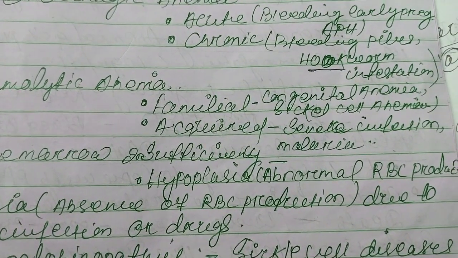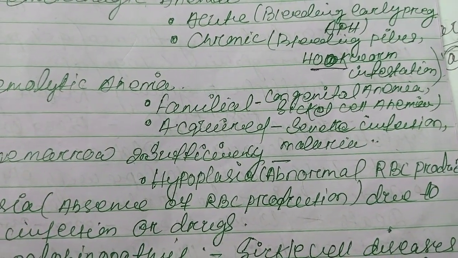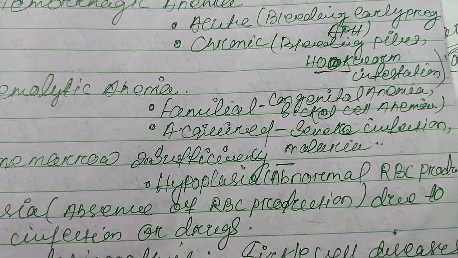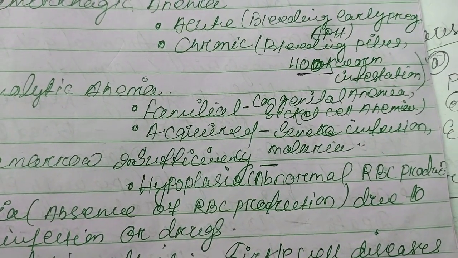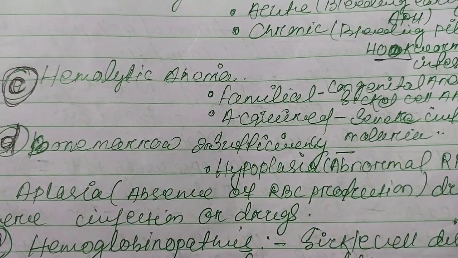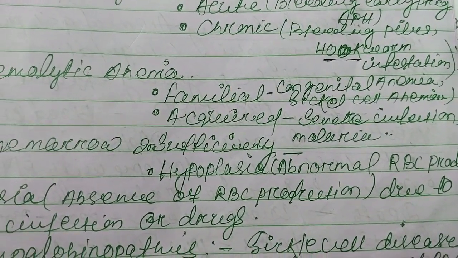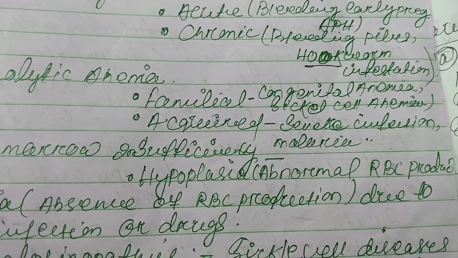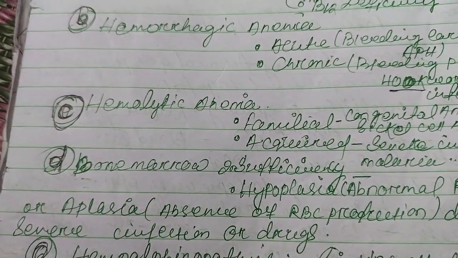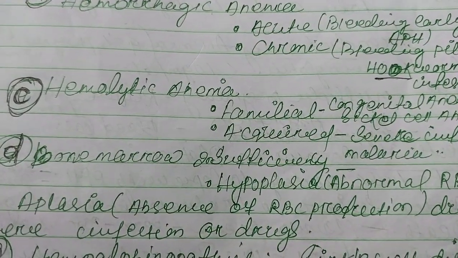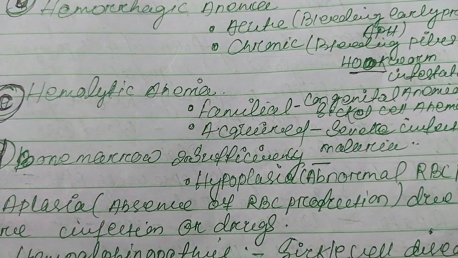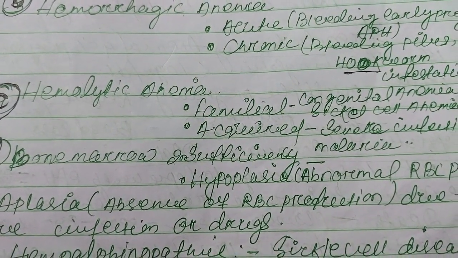We know RBC is produced from the bone marrow, so if any problem happens with the bone marrow, hypoplasia will occur. Aplasia means absence of RBC production due to insufficiency or severe infection in the bone marrow. Two conditions will occur: hypoplasia and aplasia.